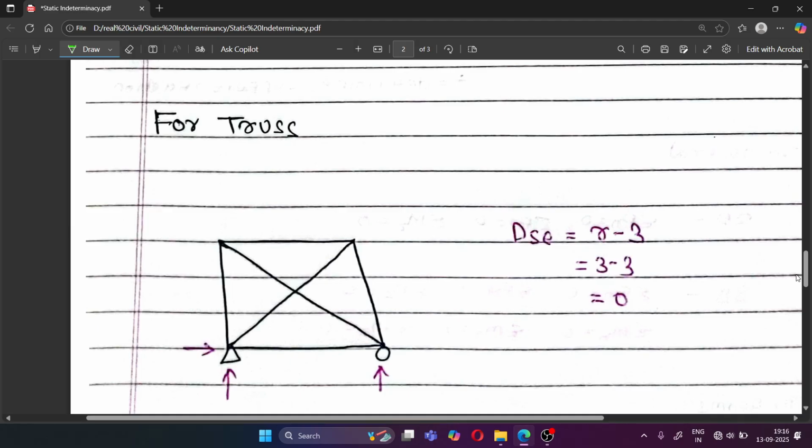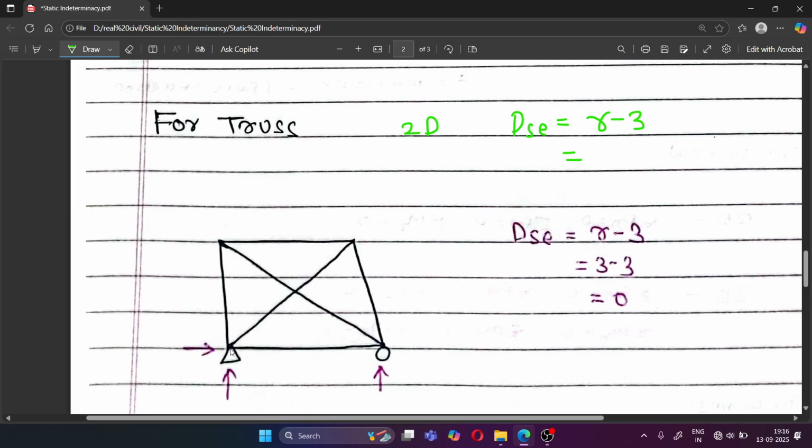Okay, truss, again the formula is the same for a 2D truss. External static indeterminacy is reactions minus 3. Conditions of equilibrium will be 3.